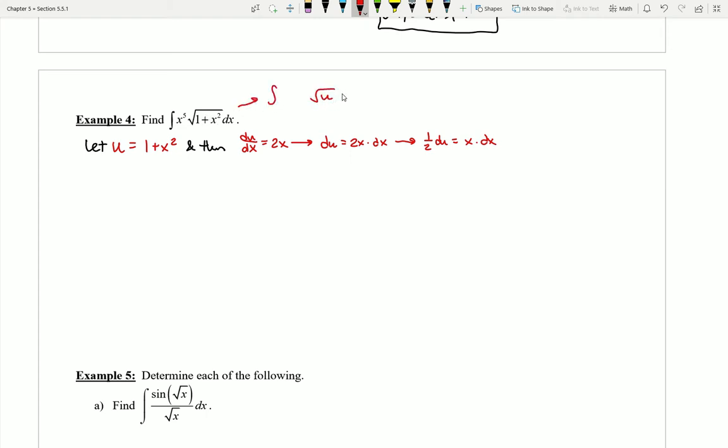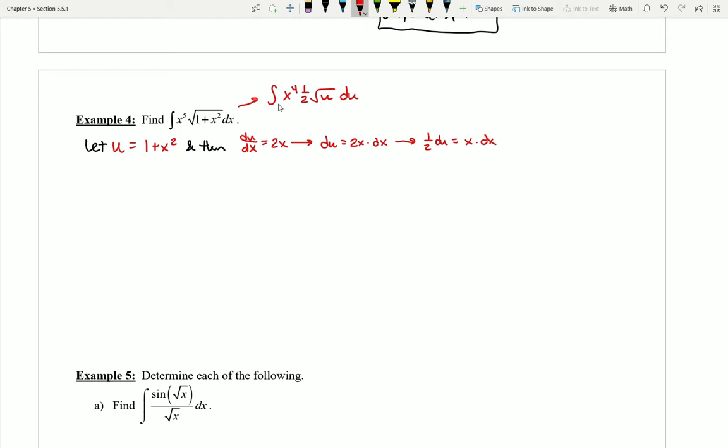I have a square root of u now. In place of one of the x's and the dx, I can put in a 1/2 du. But notice that I've only tackled one of the 5 x's that are sitting out there, so I'd still be stuck with x to the 4th power. And so with this substitution, I haven't fully converted my integral into something with only u's.